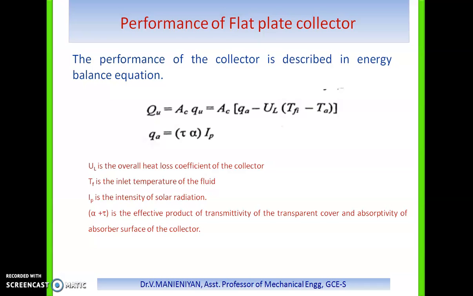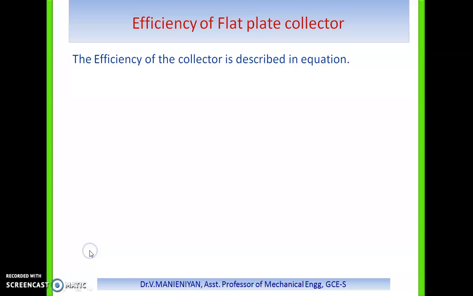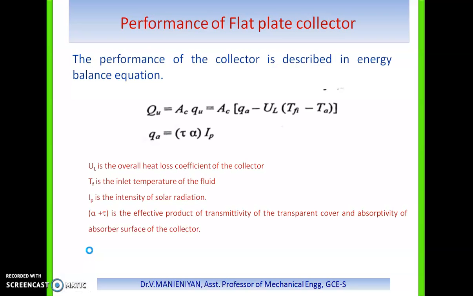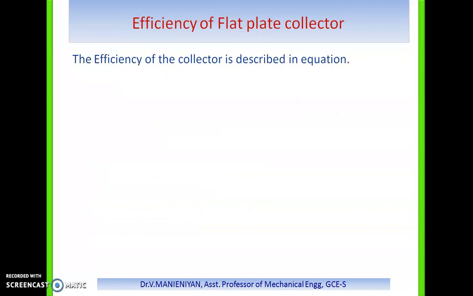The useful energy output per unit time of a flat plate collector of area Ac is the difference between the absorbed solar radiation QA and the thermal losses. So next is the efficiency of the flat plate collectors.